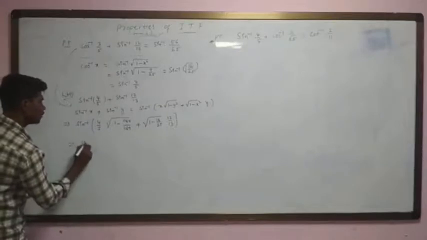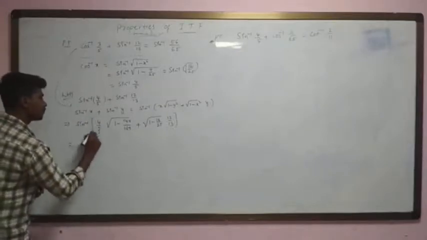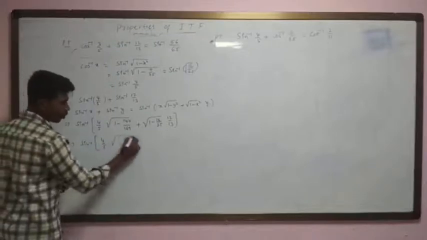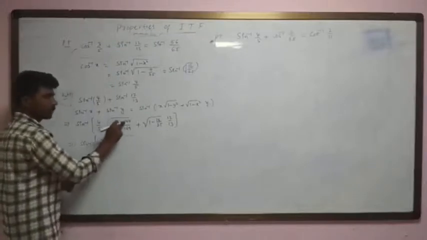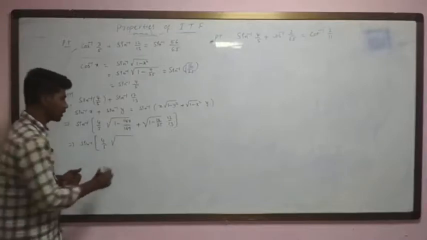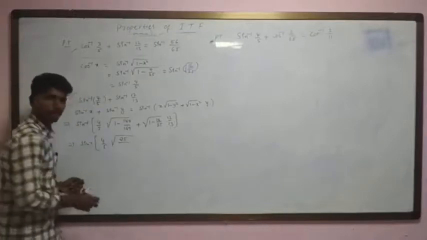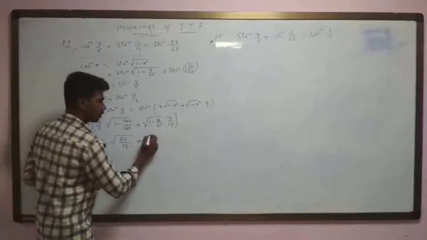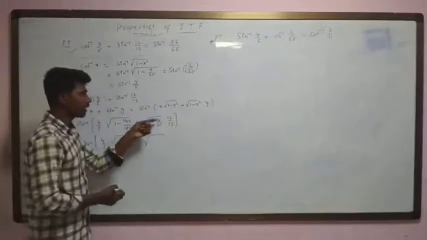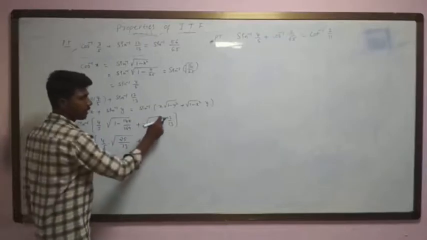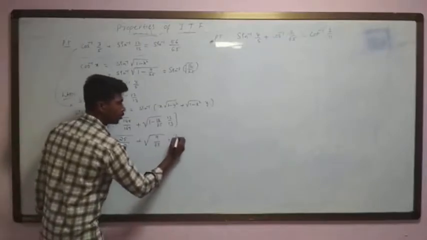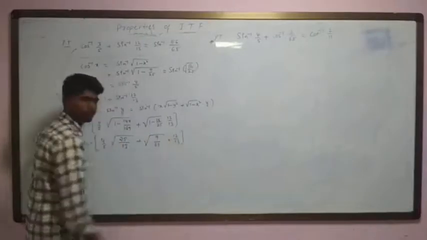Now sine inverse of 4 by 5 into root over 169 minus 144, which is nothing but 25, by 13, plus root over 25 minus 16, 25 minus 16 is 9, 9 by 25 into 12 by 13.